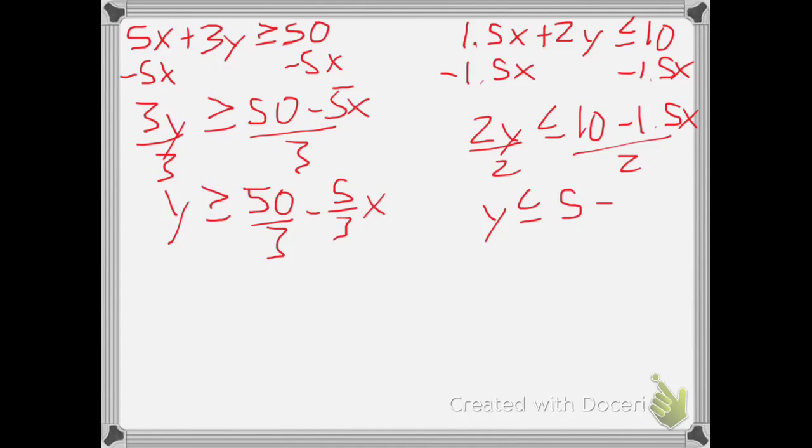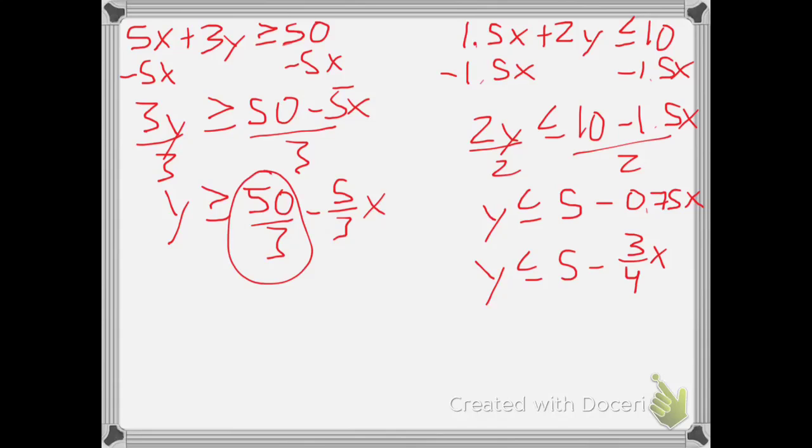And 1.5 divided by 2 is 0.75x. Which, if you convert that to a fraction, is 3/4, by the way. So it's subtract 3/4 x. Okay, now these are ready to be graphed.